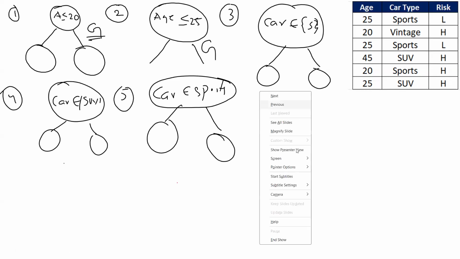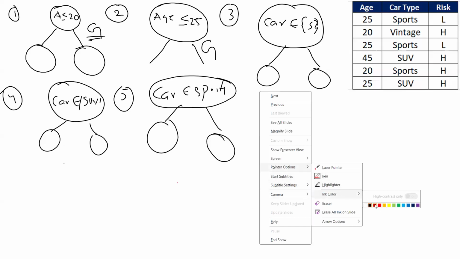Let me put some values here so that you will understand how we actually choose. Let's suppose I calculate the data here and I'm getting these values as the entropies.